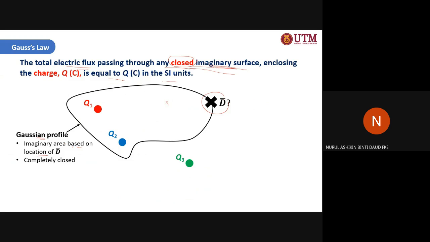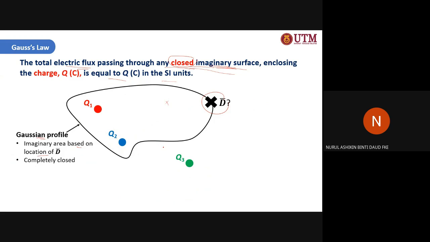It must be based on the location of this point. And this Gaussian profile should be completely closed. It can't be open. It should be closed. And then it contains the charge. It encloses the charge.